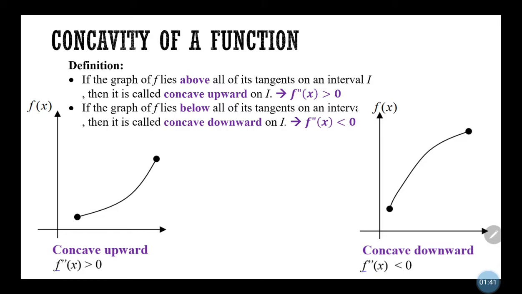Okay, so you see here for the graph concave upward, kalau tengok tangent line, it only touches the curve at one point kan. Katakanlah point kat sini. So this is the tangent line. So nampak tak, tangent line ni berada di atas ataupun di bawah? Okay, terbalik. The graph ni berada di atas atau di bawah tangent line? As you can see, tangent line ni kat bawah, curve kat atas.